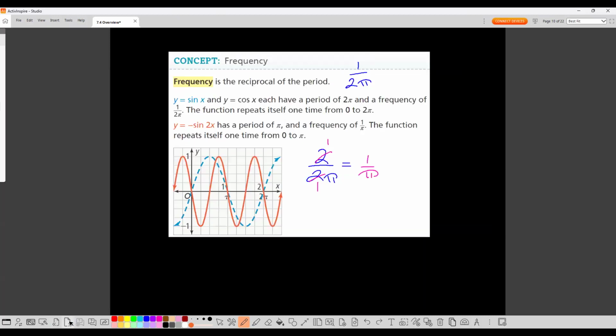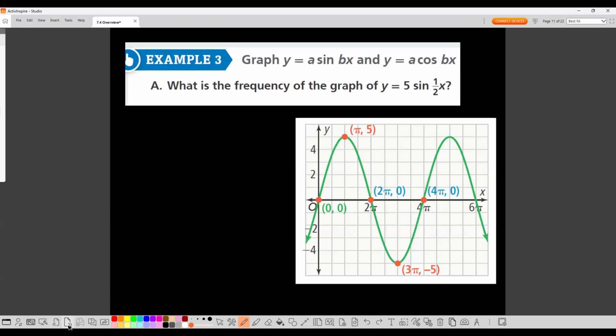All right, so that's a lot of stuff already in one lesson, perhaps even enough. So this next one, my frequency is a half. I have to just do half of a cycle. Let's see, we're talking about sine, so a reminder on sine: that was the one that had that general shape, up 1, down 1, started at 0.